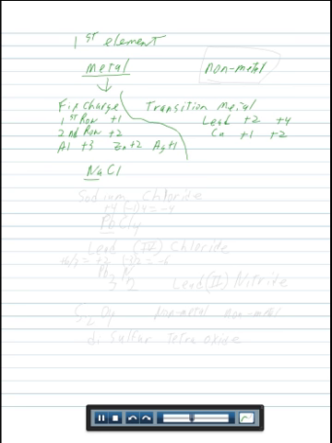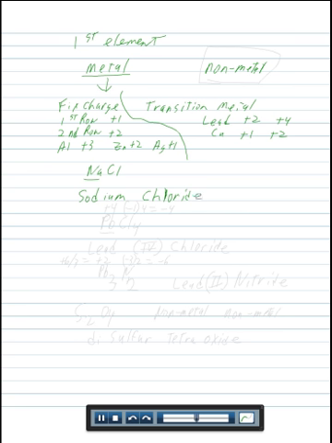Na is a first column metal, so I don't need to put the Roman numeral with it. So I know that this compound is going to be called sodium. Chlorine, no, it's not chlorine. It's now in a compound, so it changes from chlorine to chloride. So we have sodium chloride.